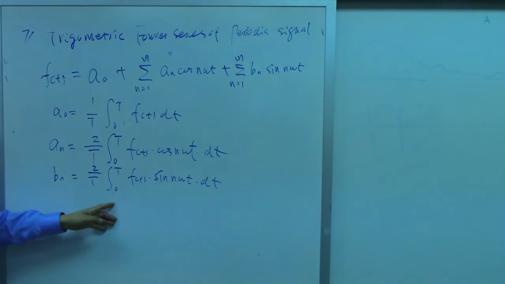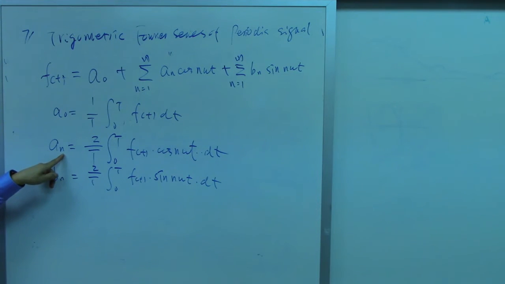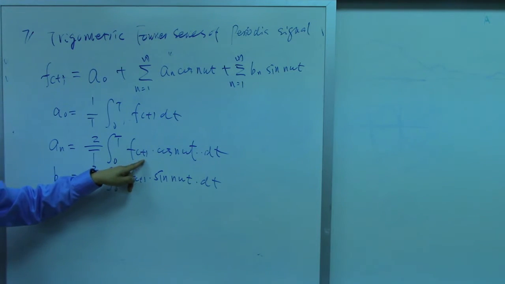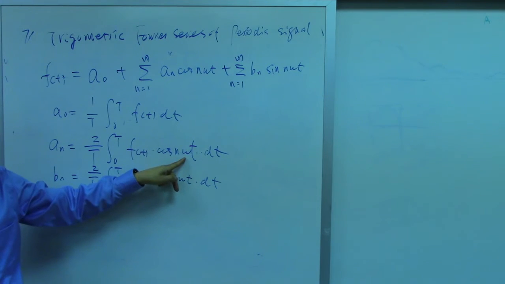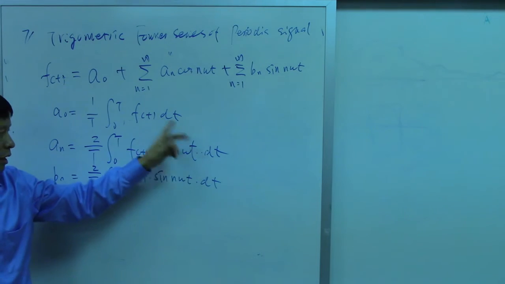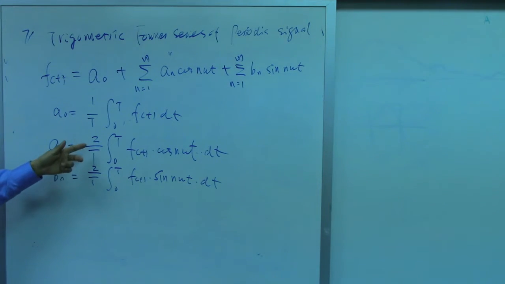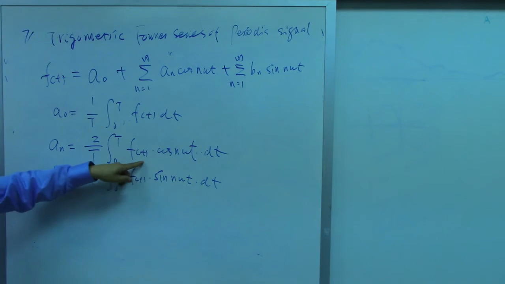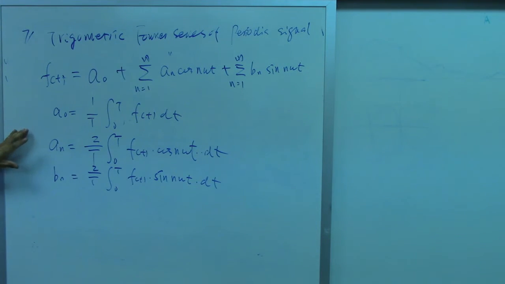You can see here, a_1 is f(t) times cosine 1 omega t integrated, times 2 over T, and a_2 is f(t) times cosine 2 omega t integrated, and b_n is the same thing. So if we are given the time domain signal f(t), we can easily calculate all the coefficients. This is called the trigonometric Fourier series.